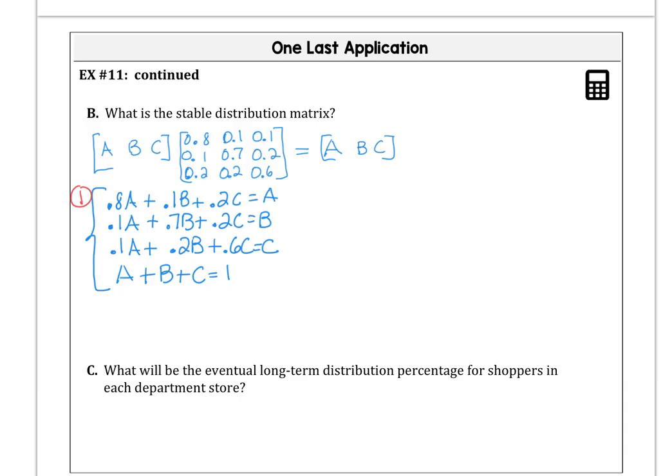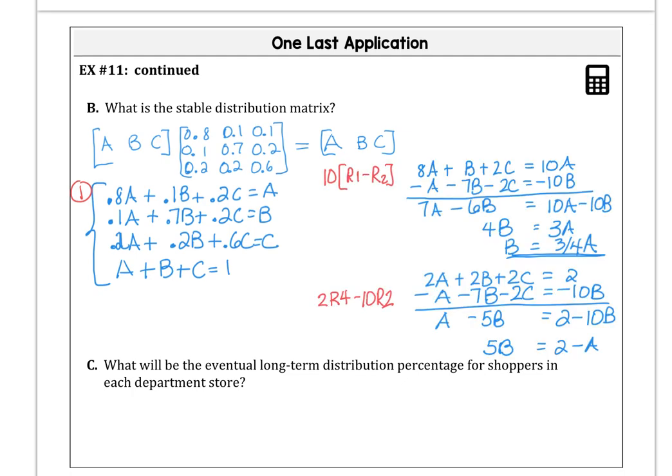So if I write the product here, 8/10 of A, 1/10 of B, and 2/10 of C has to give the A value. 1/10 of A, 7/10 of B, 2/10 of C has to give us B, and 2/10 A plus 2/10 B plus 6/10 C has to give us C. I got a mistake there. This is 2/10, right? 2, 2, and okay, we got 0.2, 0.2, and 0.6 is C.